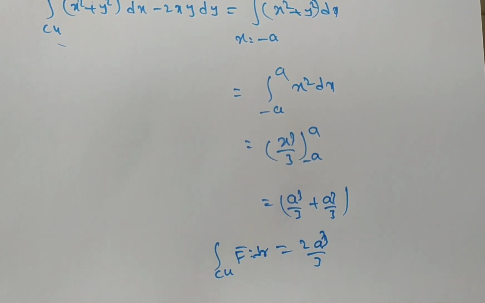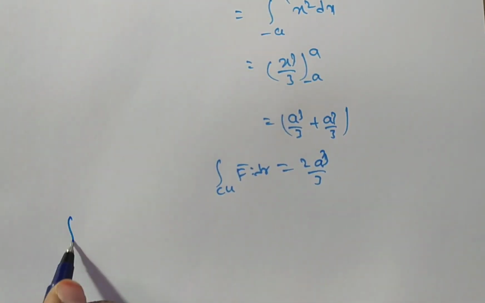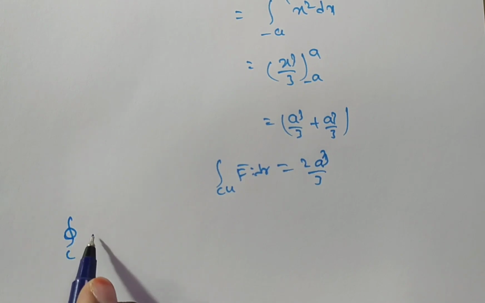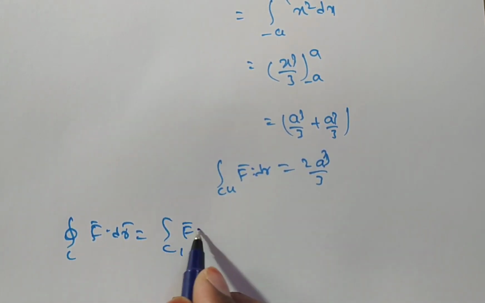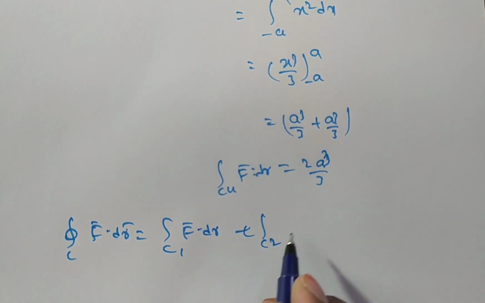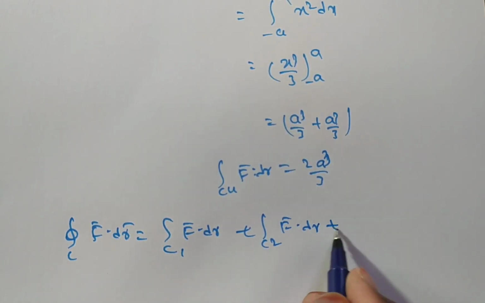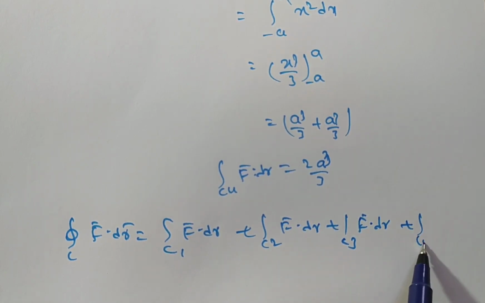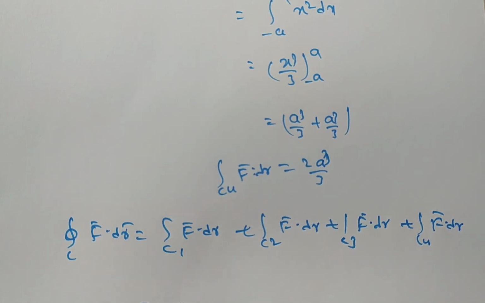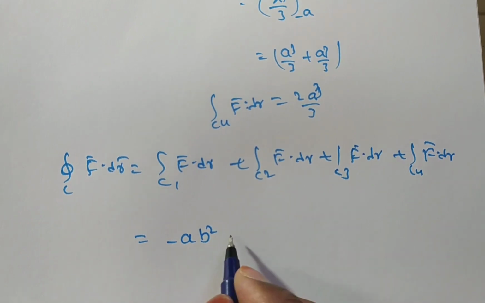Now the closed line integral over C of f dot dr is equal to the integral over C1 of f dot dr plus the integral over C2 plus the integral over C3 plus the integral over C4. Now you see along C1 we have minus ab square, already I have done these values.